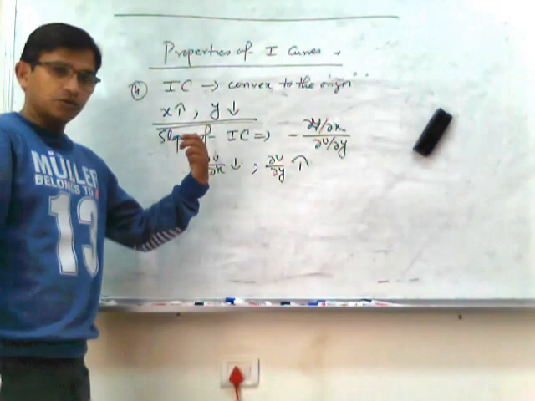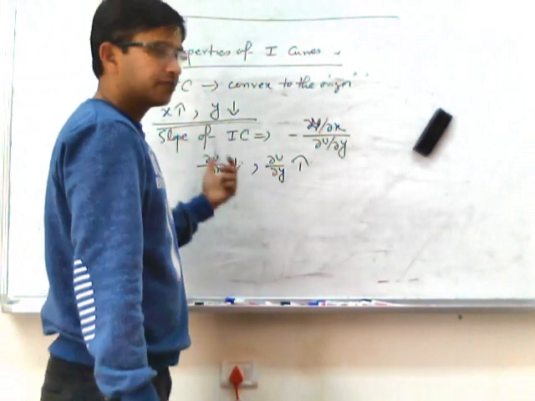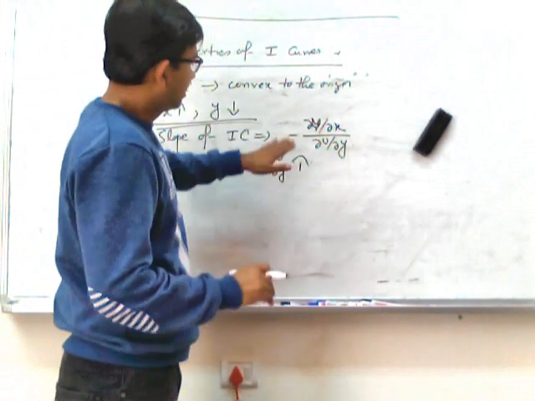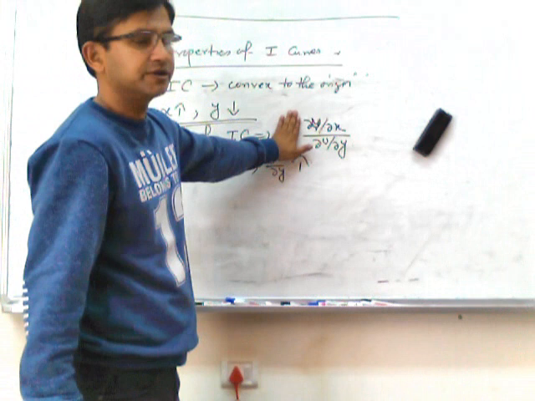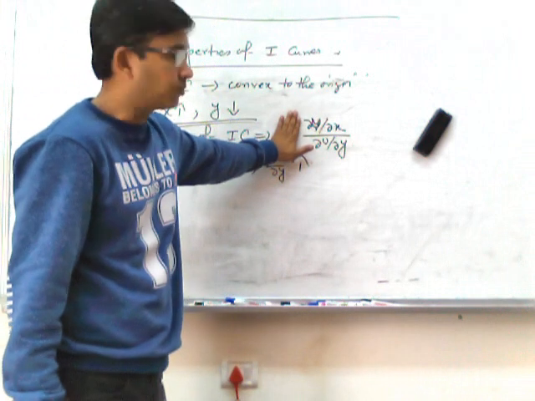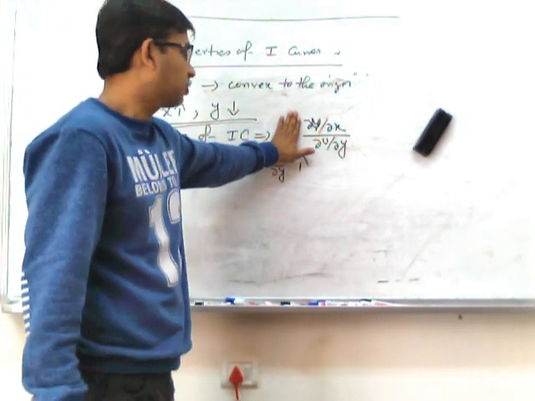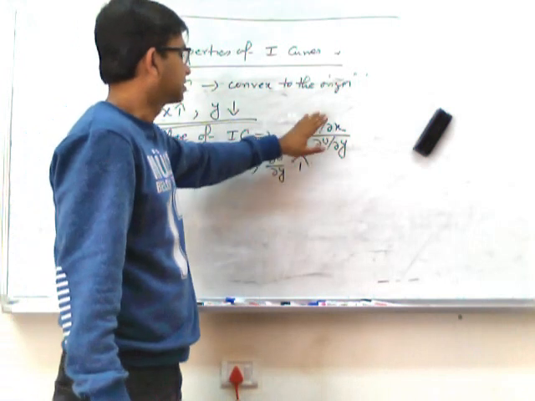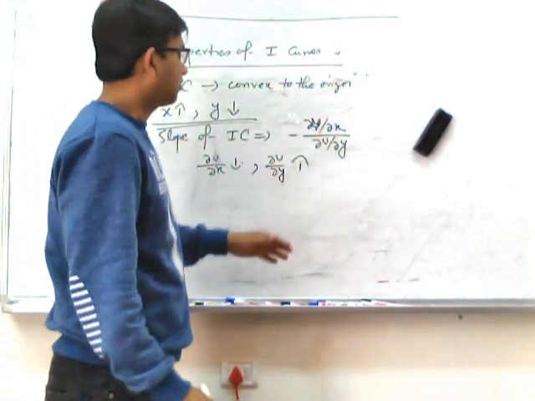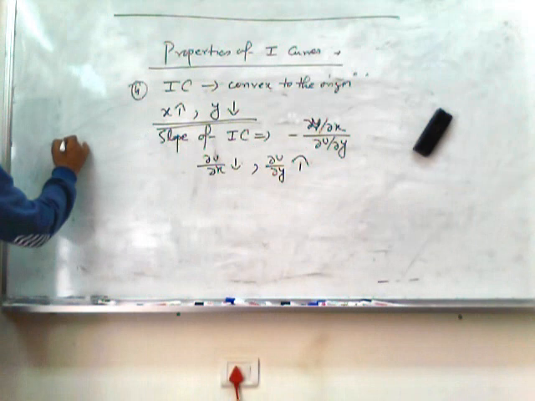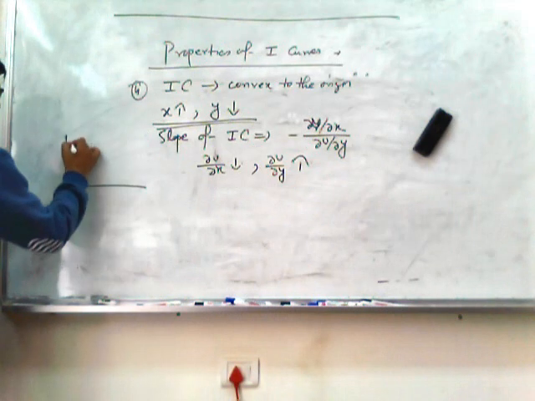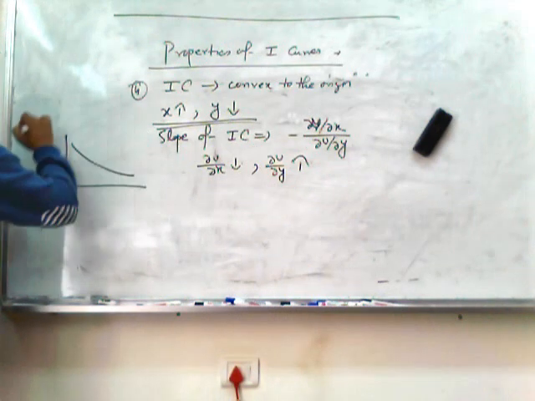As we move from left to right, forget about the minus sign because it indicates the indifference curve is downward sloping. But what about the slope? Gradually the slope decreases. So as x rises, y falls, gradually the slope decreases. So we can see as it moves from left to right, it becomes flatter.